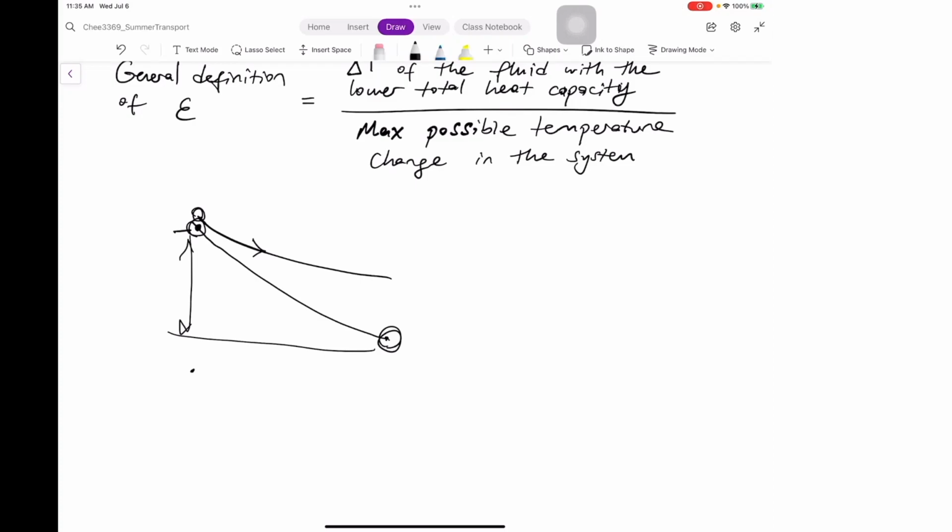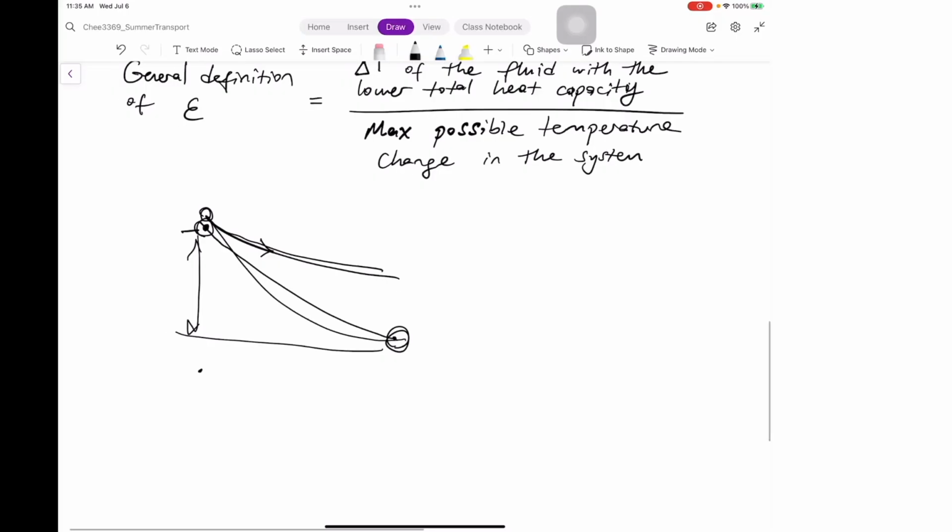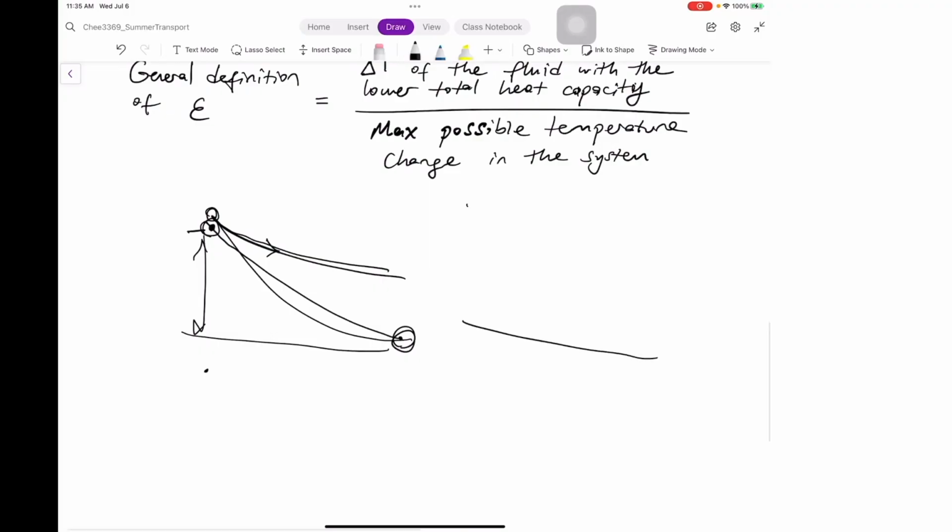And the maximum change in the temperature only happens for the lower heat capacity fluid, because as you can see, this doesn't change a lot, but this is the one which changes a lot. If this is the other way around, if this one is changing less, but the hot one is changing more, then that means the hot one has the smaller heat capacity because its change in the temperature is much larger. Then you would actually use the change in the hot stream temperature as the maximum possible temperature change, because the change in the cold stream temperature does not correspond to a maximum possible temperature change.